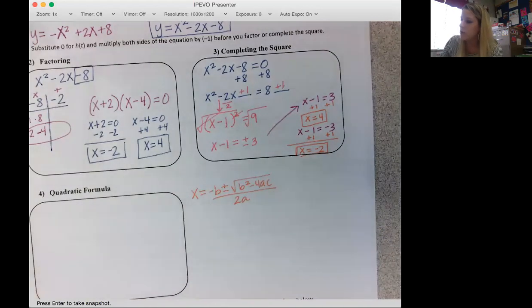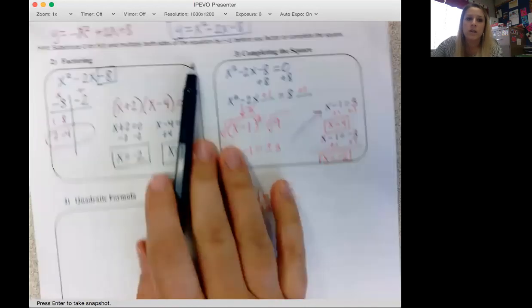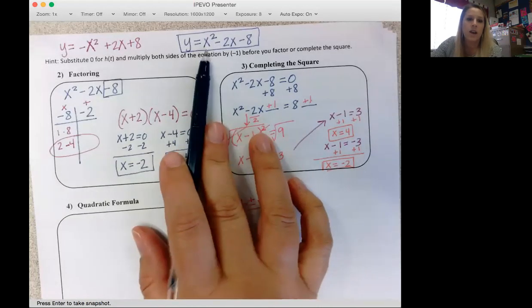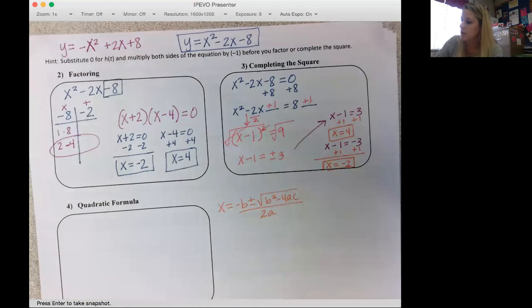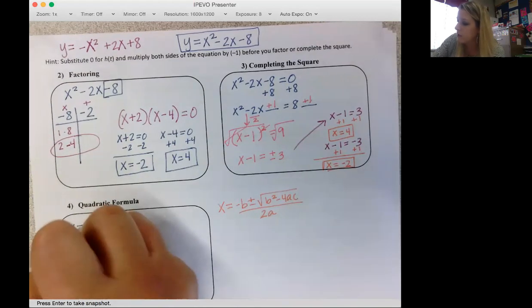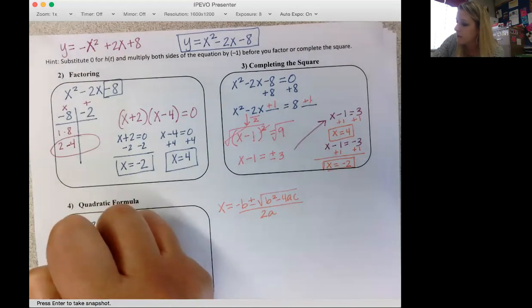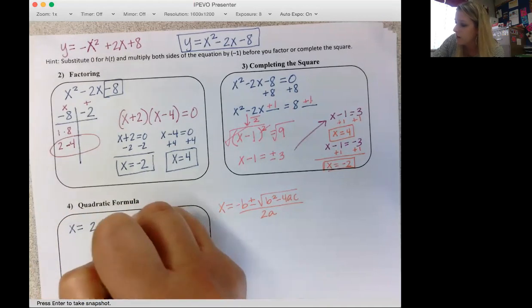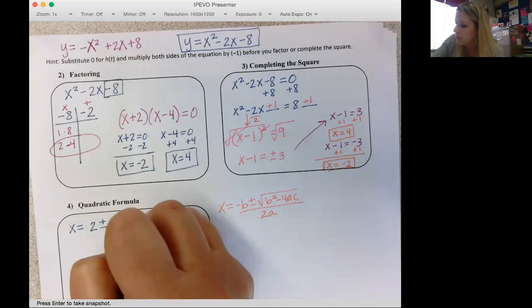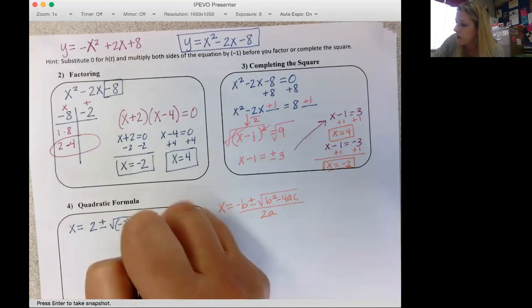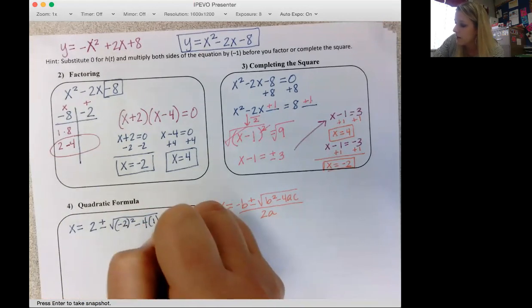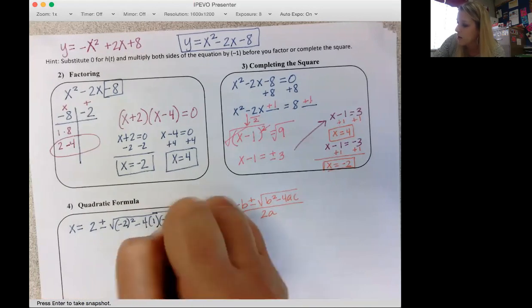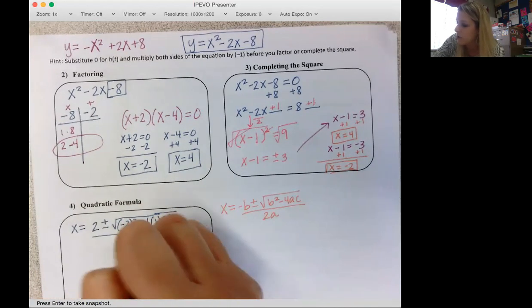Again, I'm going to use the same one, just taking out the negative because I might as well just stay consistent. So x equals opposite of b would be positive 2 plus or minus the square root of b squared. B is actually negative, minus 4a and c is negative 8, all over 2a, which is just 1.